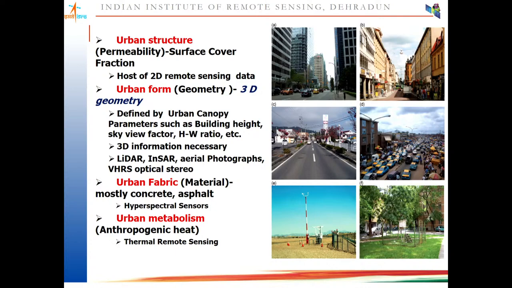Here we have a host of 2D remote sensing data sets, with varied resolutions, where you can classify your pervious and impervious surfaces. The second aspect is urban form, or 3D geometry of urban form.